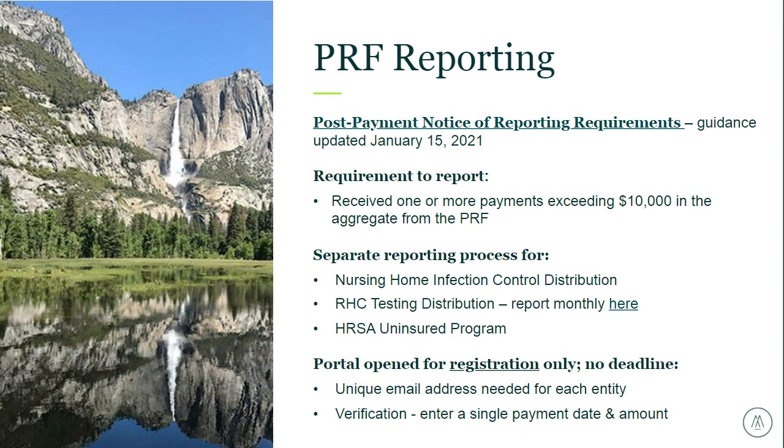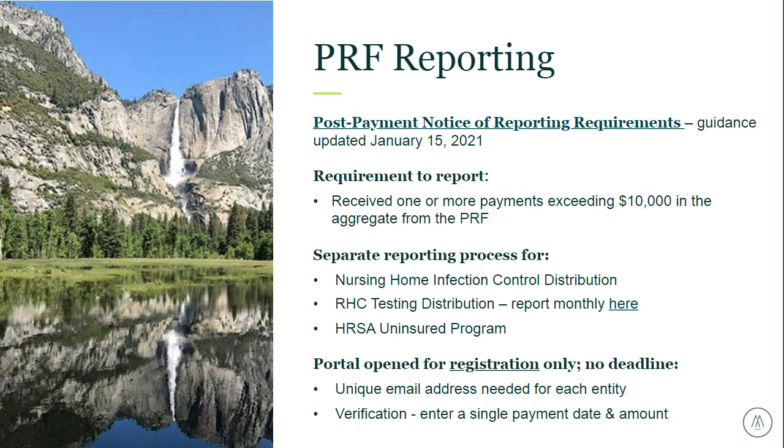Also, just highlighting here that if you receive $10,000 or more in the aggregate from the PRF, you do have this obligation to report and get set up in this portal, and get into it when it does open. There are separate reporting processes for some of the targeted distributions, particularly the nursing home infection control distribution, which has its own special set of terms and conditions with bullet points about what you can use those funds for.